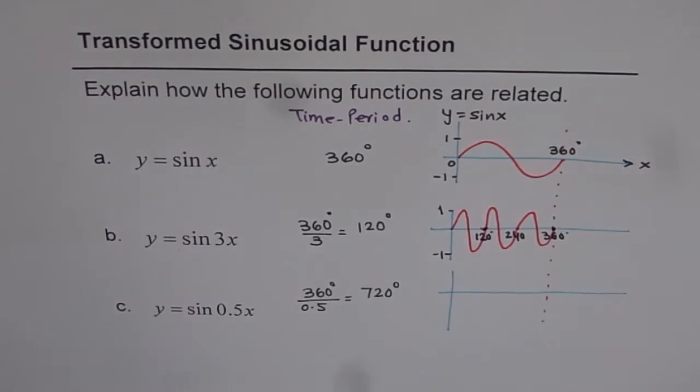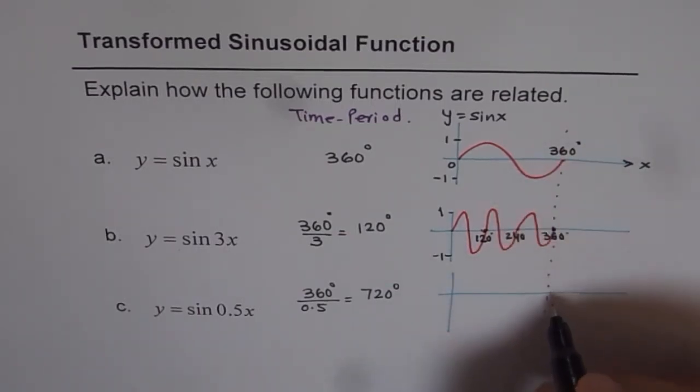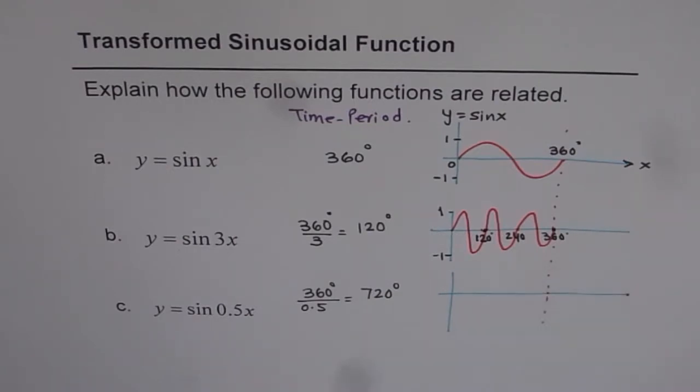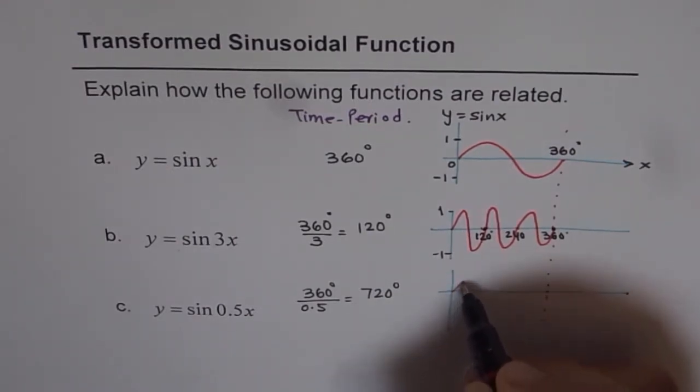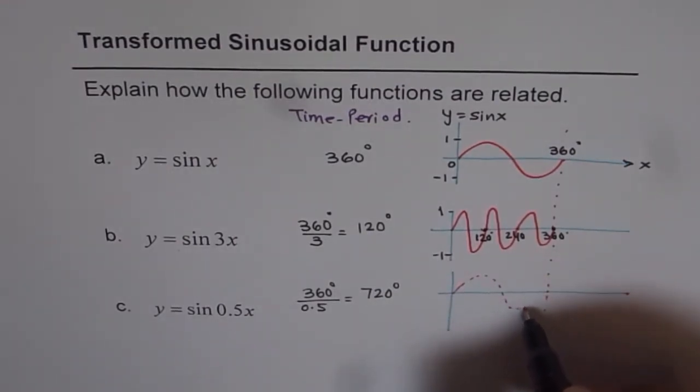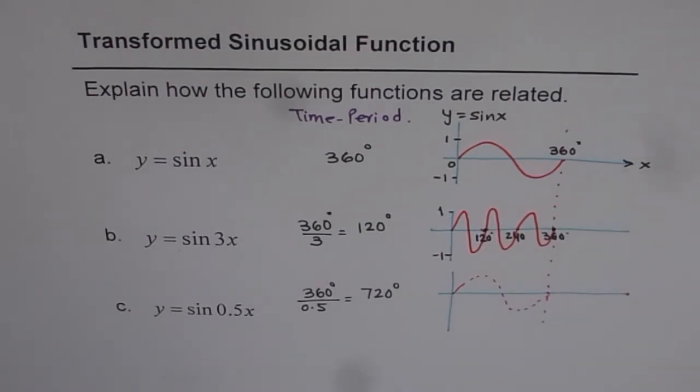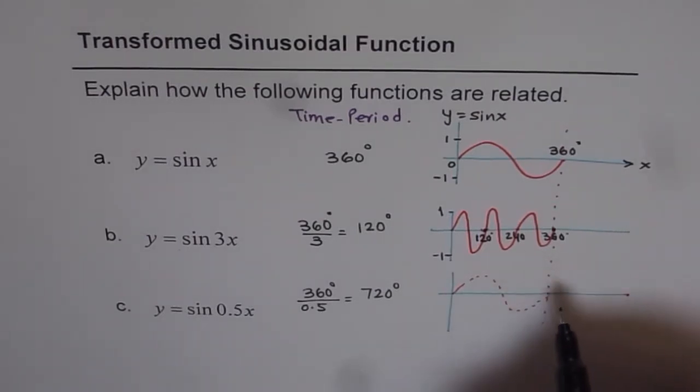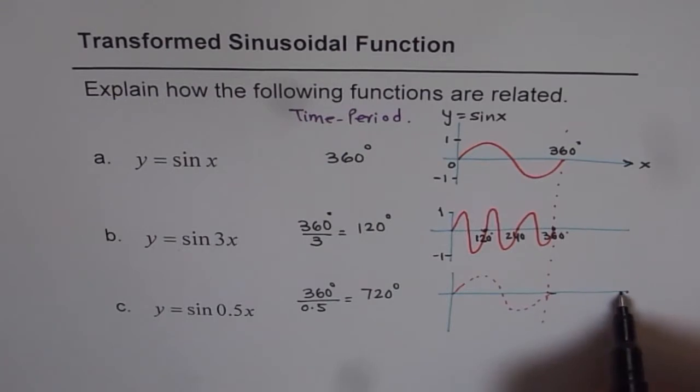Now in case of y equals sine 0.5x, we will have half the wave within 360 degrees. So actually the wave will stretch. In this case, the original wave, which was kind of like this, stretches to twice the distance.